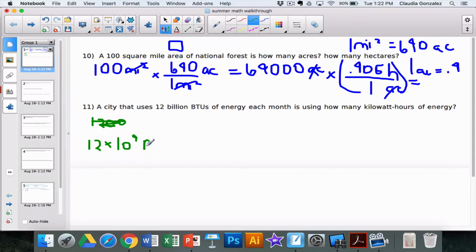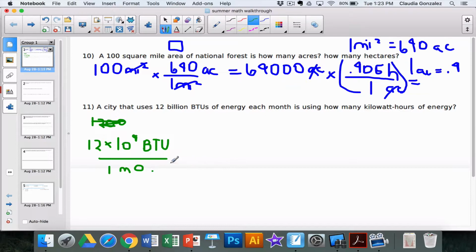Real fancy scientific notation would always say 1.2 times 10 to the 10th instead of this. But this is my shortcut for today. BTUs in 1 month. Okay? I'm going to write that down just in case I might need it later. I'm going to write mo. Is using how many kilowatt hours of energy.